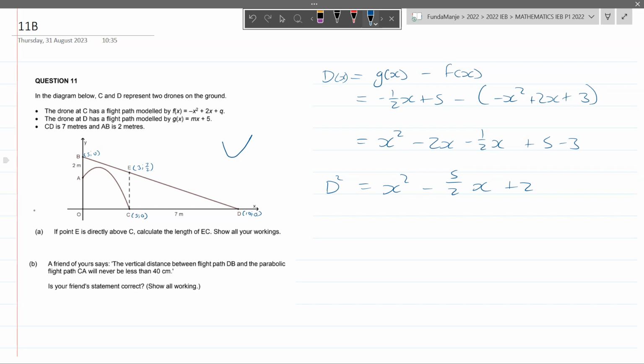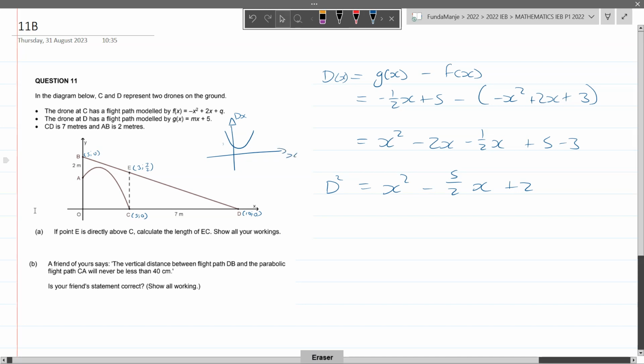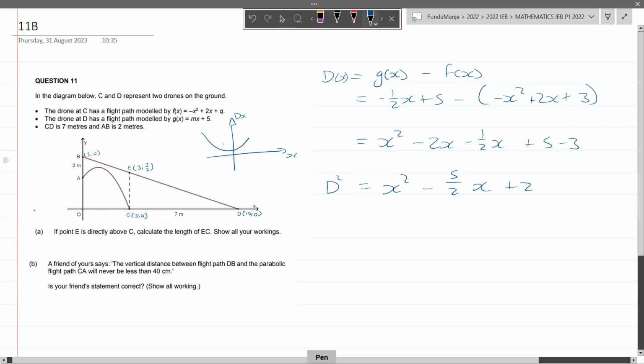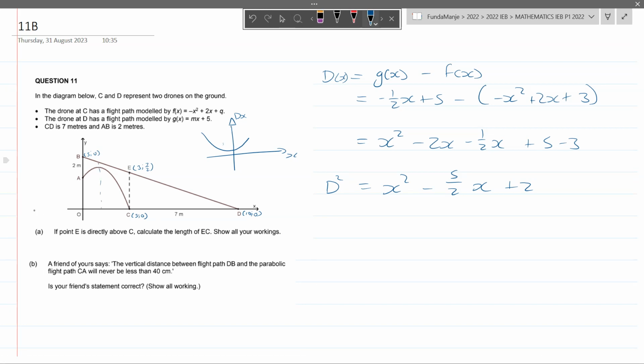So it shows that the distance decreases. If the y-axis represents distance and this represents x values, it should be something like this. As the x values approach whatever the turning point is, we see that the distance between the two points is decreasing.